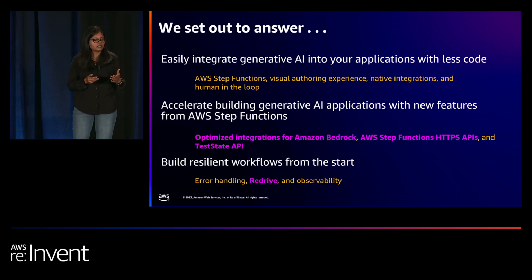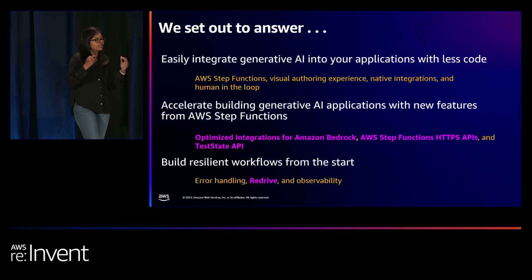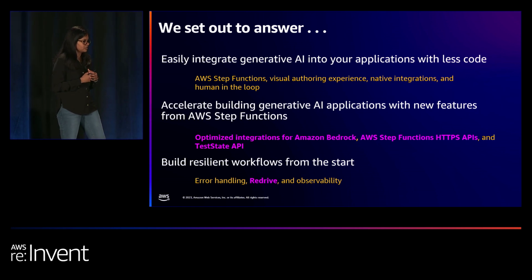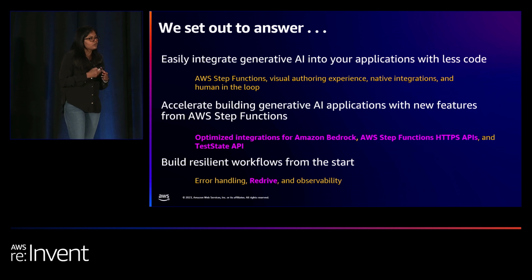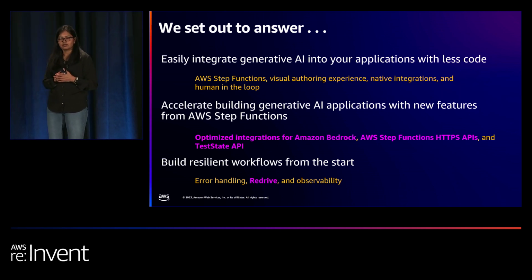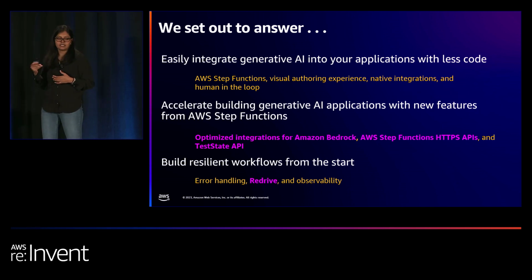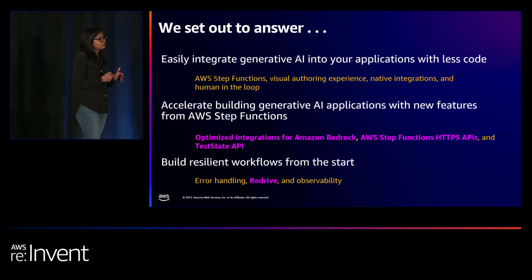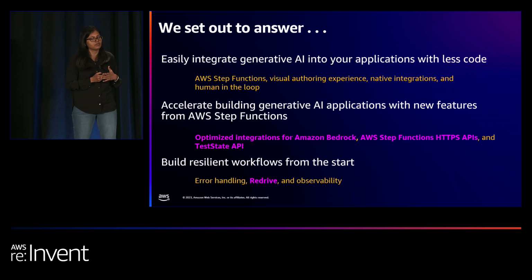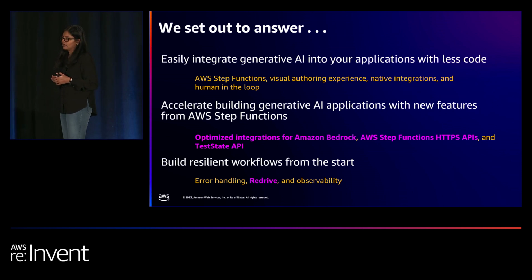We also showed you how you can build generative AI applications, or how you can accelerate generative AI applications through some of the native integrations Step Functions offers. Direct Bedrock integrations, direct HTTP API integration, test state. And we also showed you how you can build resilient workflows from the start through some of the native features: error handling, retries, redrive, and complete observability into what is happening.